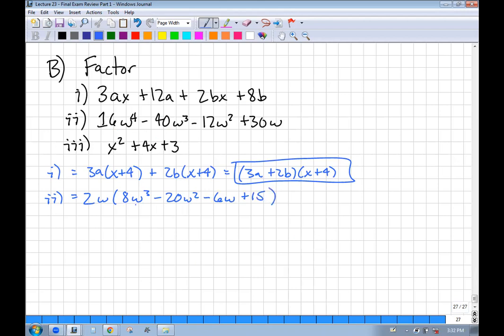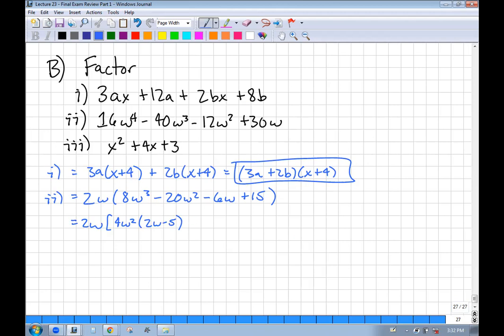All right, so now let's look at these guys here. I could try grouping. The first two terms, I could pull out a 4W squared, and that would give me a 2W minus 5. And then I look at this, can I turn this into something times 2W minus 5?